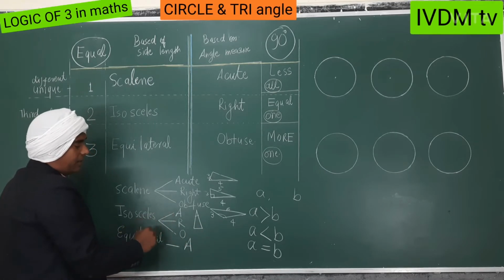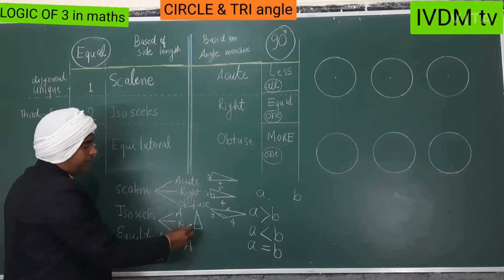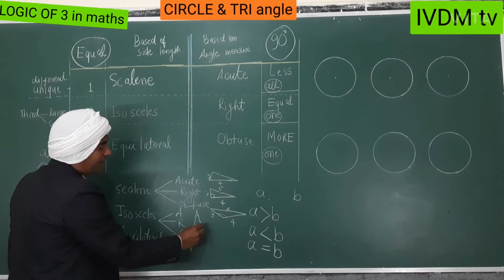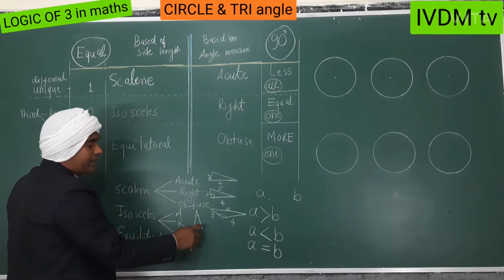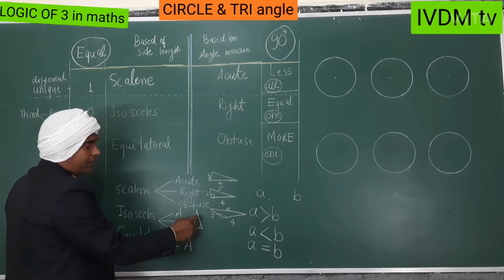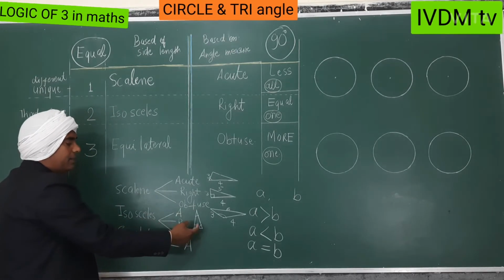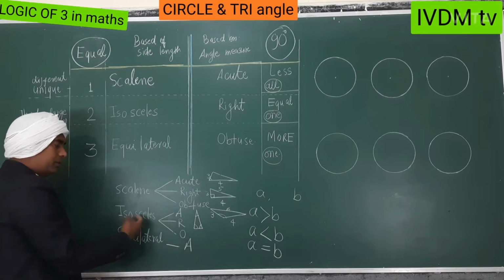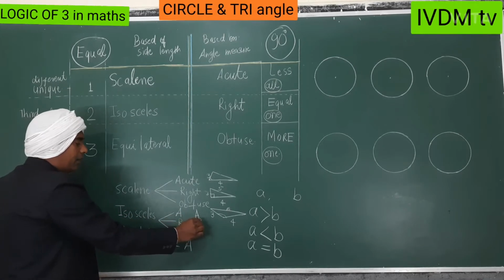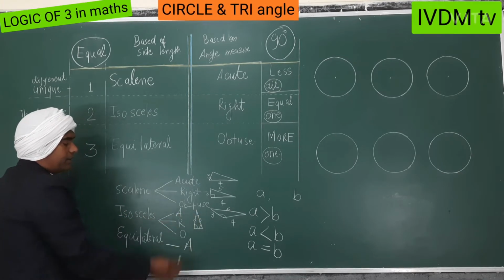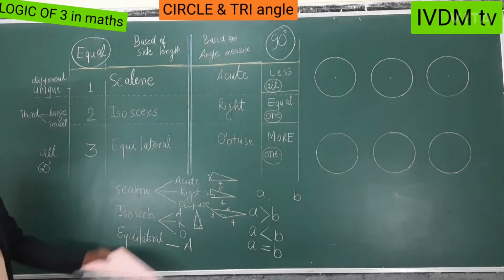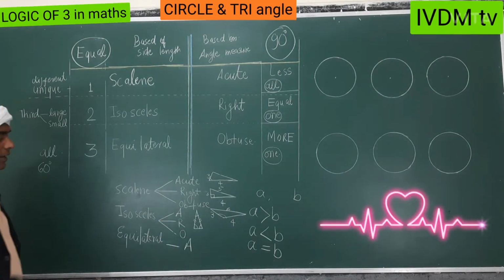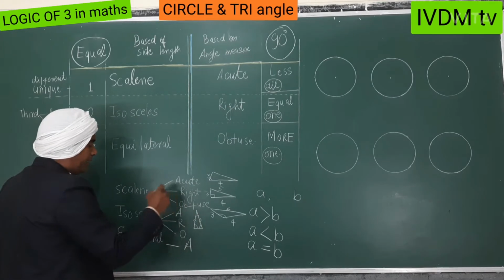Isosceles acute angle, this may be, suppose 70, 70 and this is 40 degree, 70, 70, 40, so acute angle. In isosceles two sides are equal, the two angles are equal, but the third angle is different, the third side is different, 70, 70 and 40.